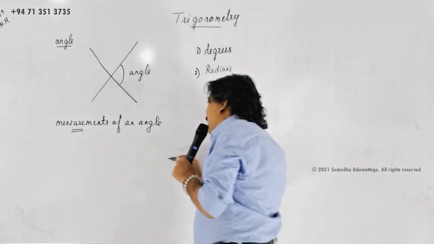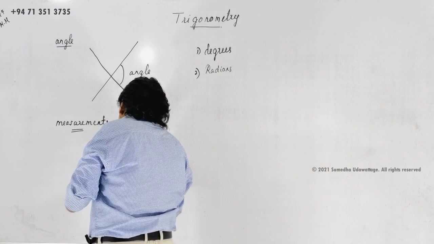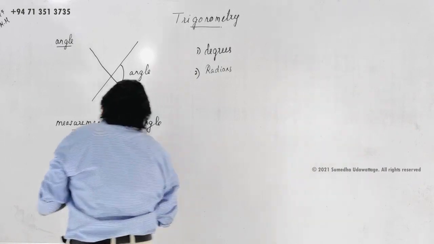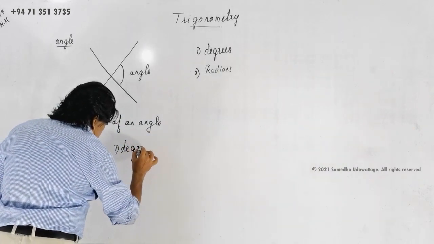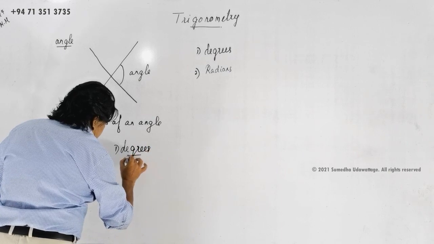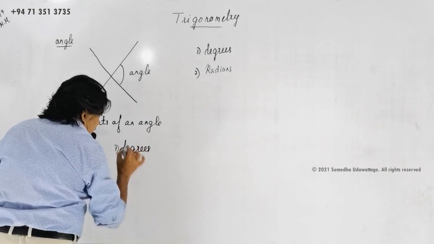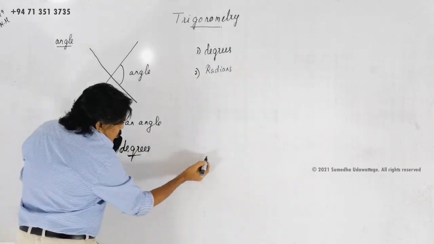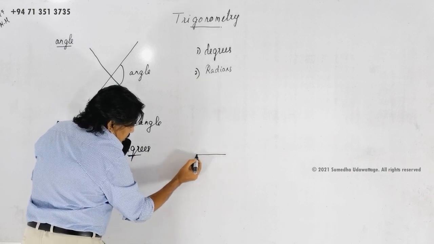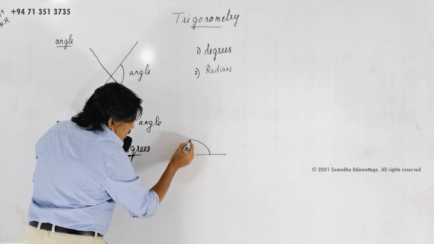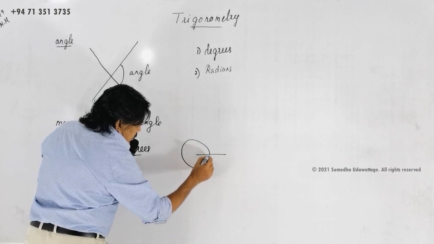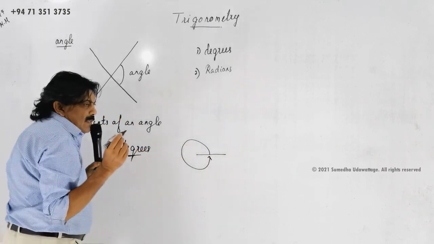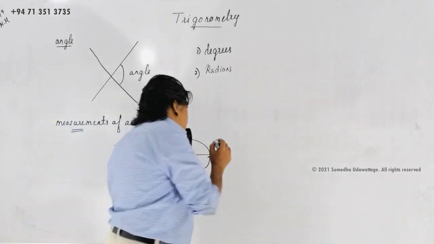First, 1 degree. When we talk of a degree, it is the angle around a point divided by 360.